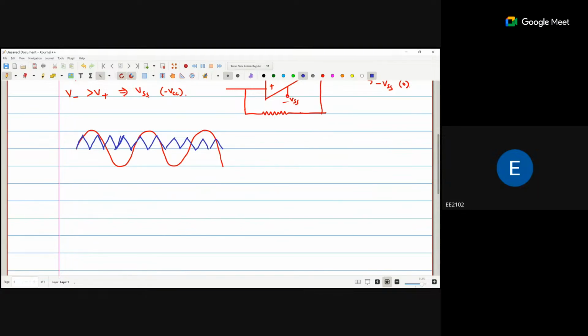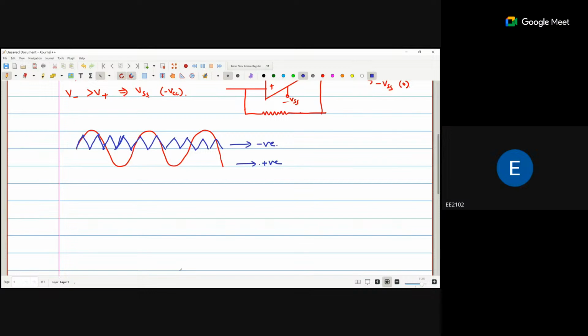Okay, and we apply the sinusoidal signal on the positive terminal, and the ramp signal on the negative terminal. So what is happening? If the positive signal, that means the sinusoidal signal, is greater than the ramp signal, from this point up to this point, your sinusoidal signal is higher than the ramp signal.